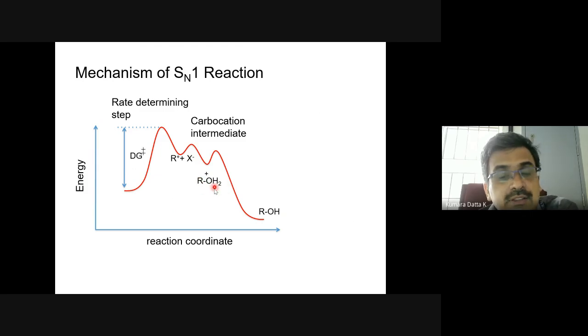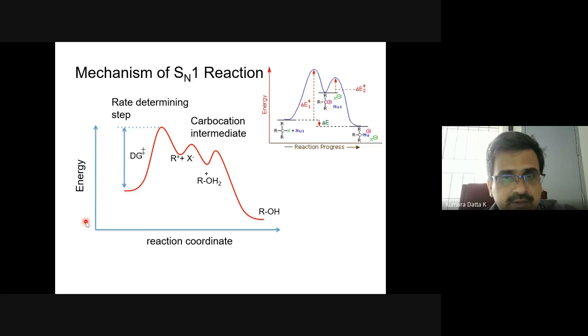And once the nucleophile attacks, there is a deprotonation process, like H plus will go so that the product is ROH. Even this part we have looked at, and this is the plot showing the reaction coordinate, meaning how reactants are converted into products with respect to the energy profile. This also we had discussed.